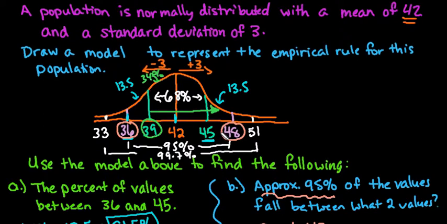I do have videos that show how to find the area under the normal curve, so you can always check those out if you have values that do not fall on here. But most of the time when you're dealing with the 68, 95, 99.7 rule, you are dealing with values that fall exactly 1, 2, or 3 standard deviations above or below the mean.